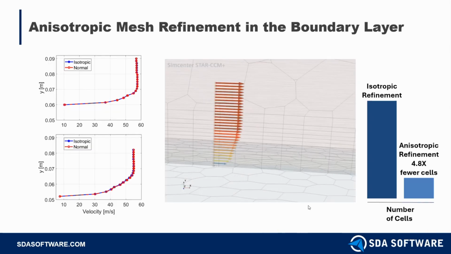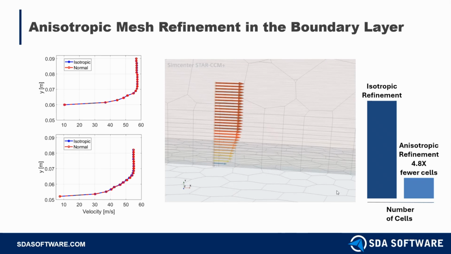As shown in the video, the check case is simulating flow past an airfoil, and it is measuring the boundary layer profile at 2 different locations. Charts on the left-hand side are showcasing the velocity profiles measured at both of those locations. The isotropic option is highlighted in blue, and the anisotropic option normal is highlighted in red.